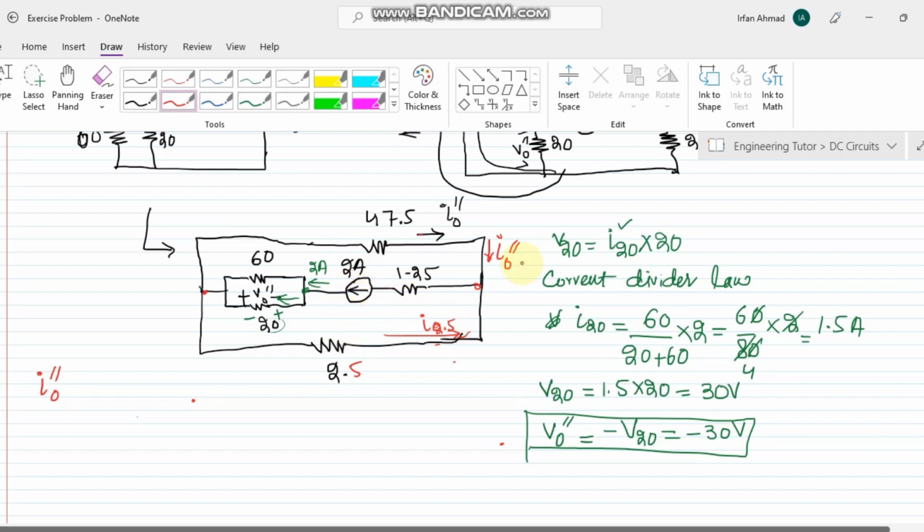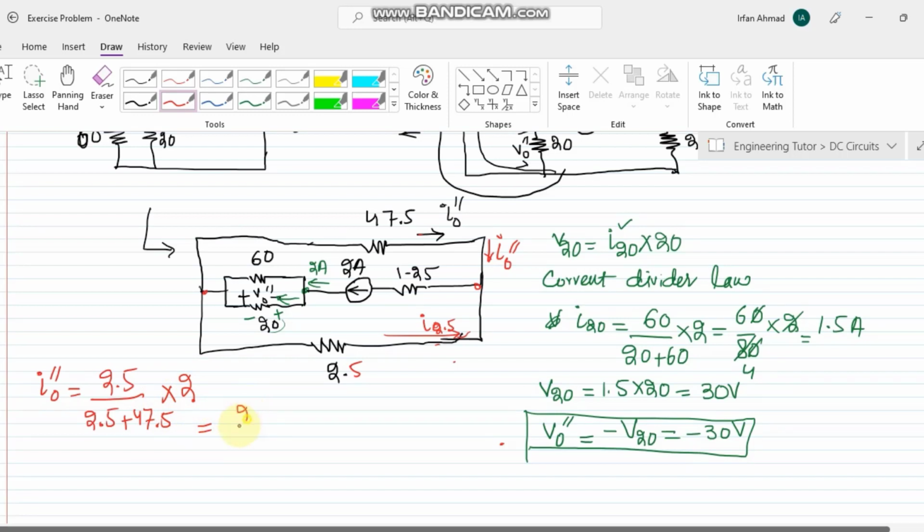Again, in order to find the value of I naught double prime, we can use the concept of current divider law. So the value of I naught double prime here will be equal to the value of the opposite resistor, because 47.5 and 2.5 are in parallel. So 2.5 divided by 2.5 plus 47.5 multiplied by the source current, which is 2 here.